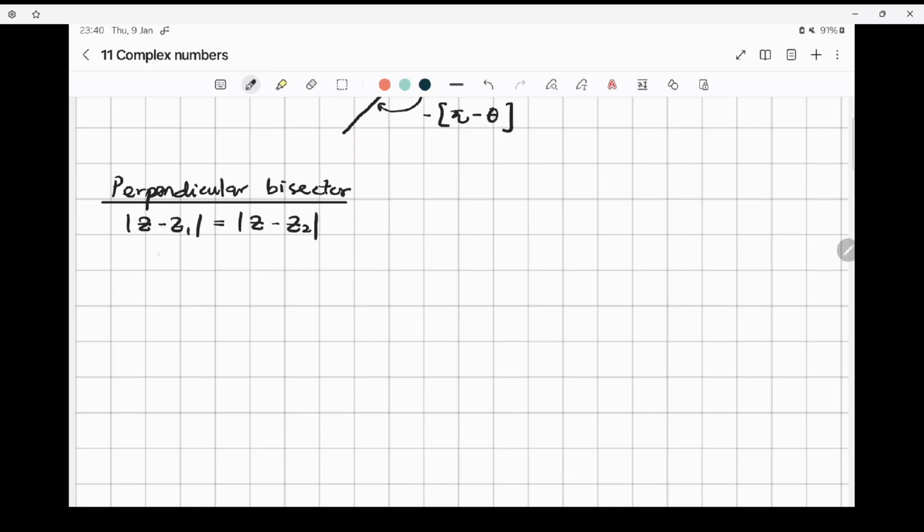So you can easily see that the left part is modulus, the right part is also modulus. It means that the distance between your locus with respect to the point z1 has to be the same as the point z2.